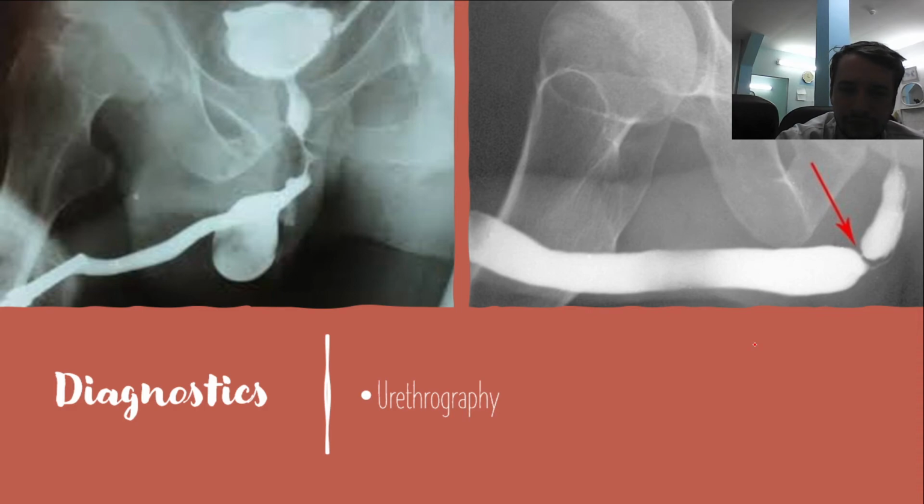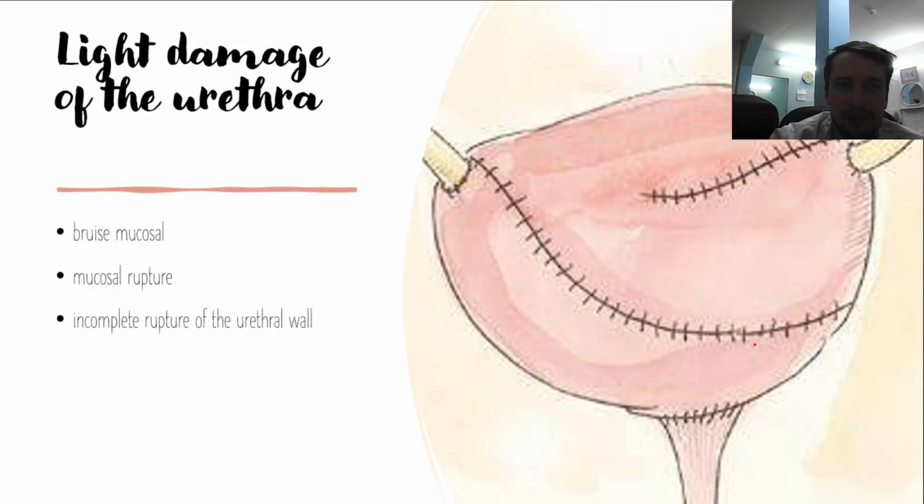Diagnostics. Radiography. We see contrast in the organism, but we don't see something about it. Light damage of the urethra: bruised mucosal rupture, incomplete rupture of the urethral wall.